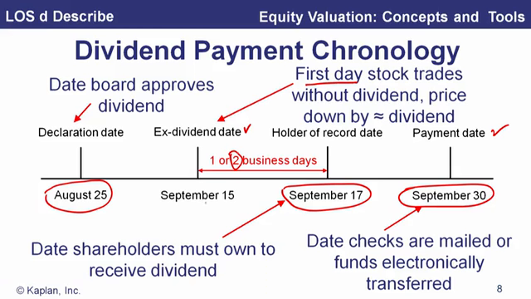So if you entered your trade on September 15th with 3-day settlement, you would own that stock on September 18th, so you'd still get the dividend. So if this is the ex-dividend date, it means you buy it on September 15th, you don't get the dividend, because with 3-day settlement, you wouldn't be a holder of record until September 18th.